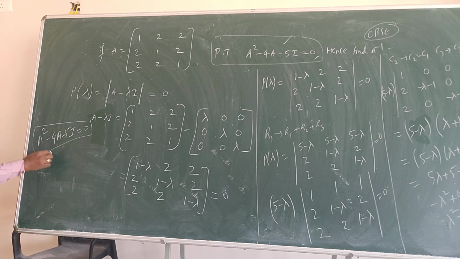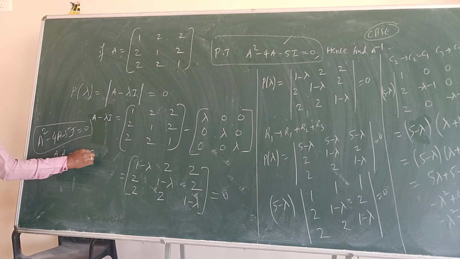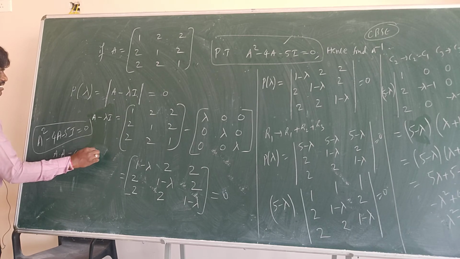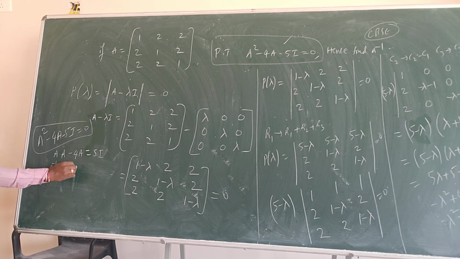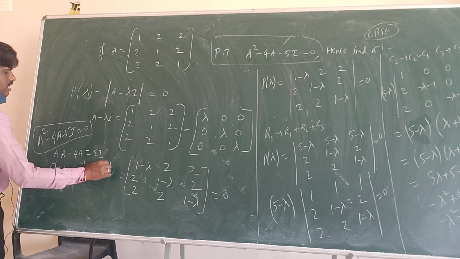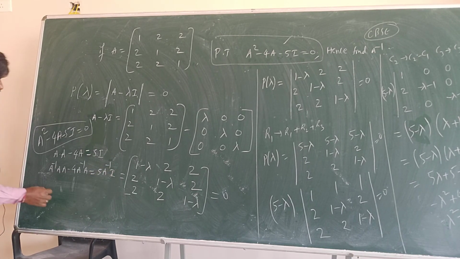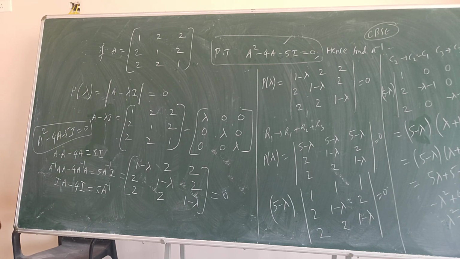I'll do it here. A square I'll write as A into A minus 4A minus 5I, sending it to that side. I multiplied A inverse on both sides, pre-multiplied: A inverse into A minus 4 into A inverse A is equal to 5 into A inverse I. So A inverse A is I, into A minus 4 into I is equal to 5A inverse. A inverse into I is A inverse.